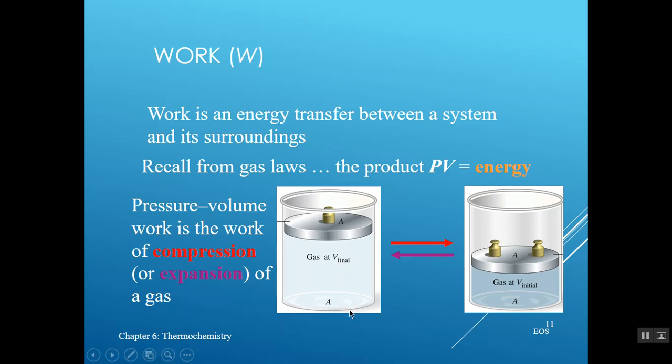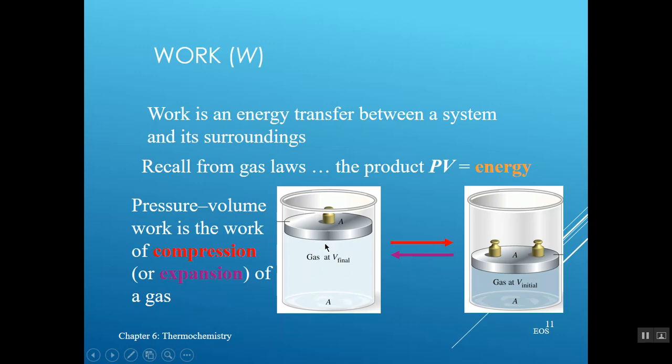If you're talking about compression, in other words, you're going from the diagram on the left to the diagram on the right. Compression of course involves reducing the volume of the gas, which means that work would have to be done on the gas in order to achieve this.